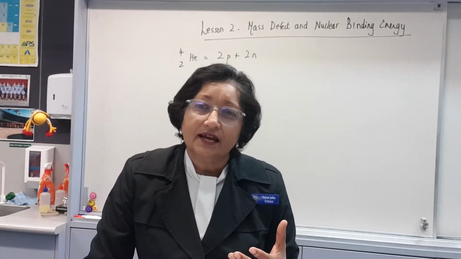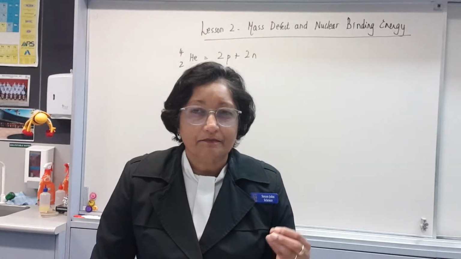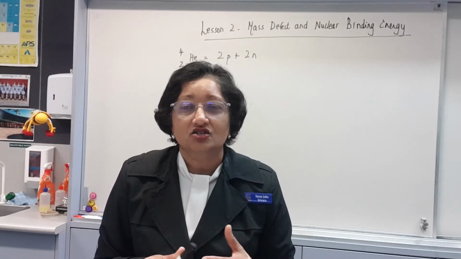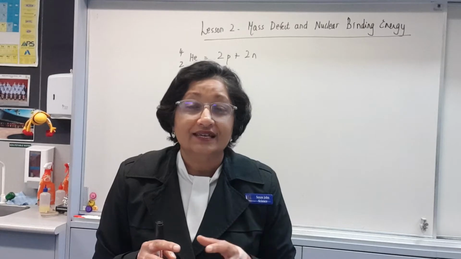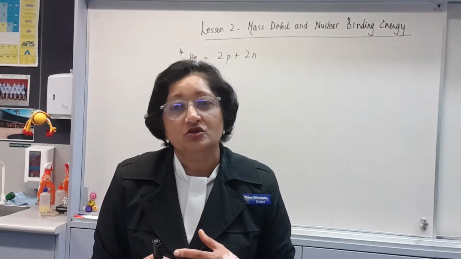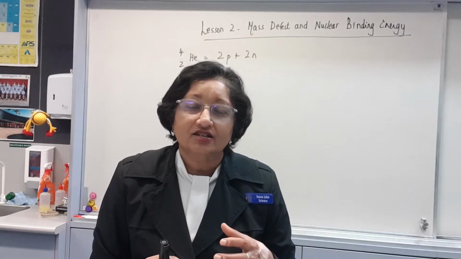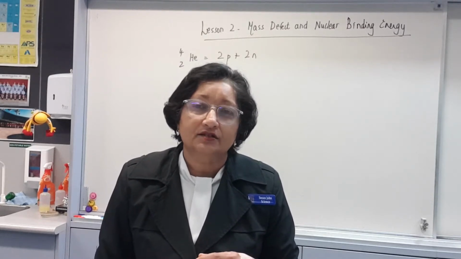However, what Einstein said was matter consists of mass and energy, and these two are interchangeable. So when you bring protons and neutrons together in order to form the nucleus of an atom, these protons and neutrons actually lose some of the energy to be bound in the nucleus of the atom.